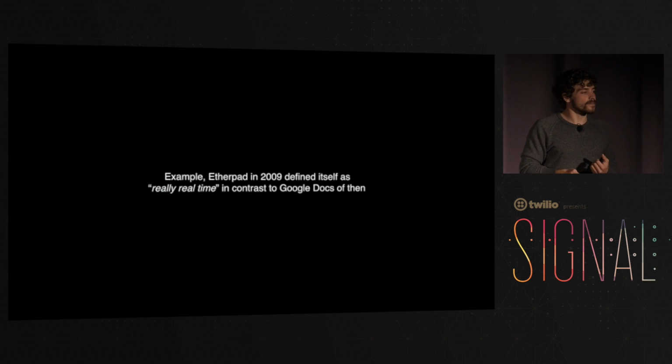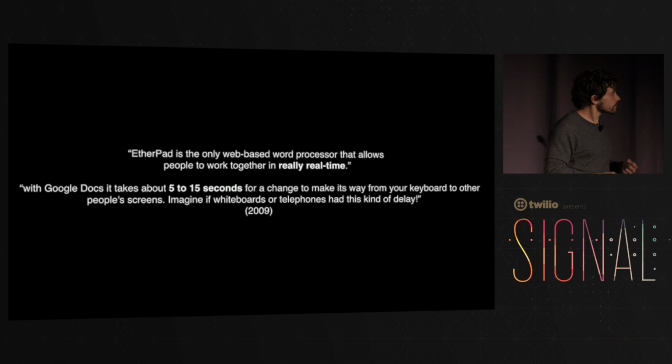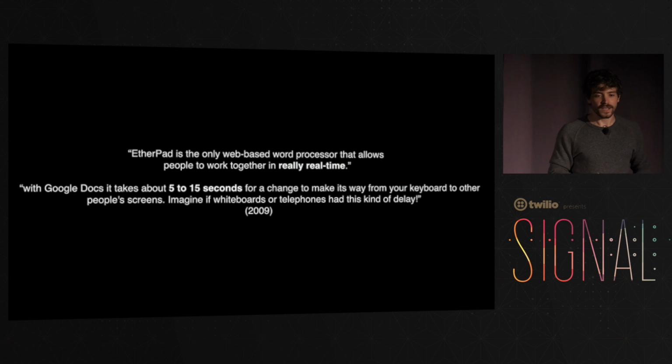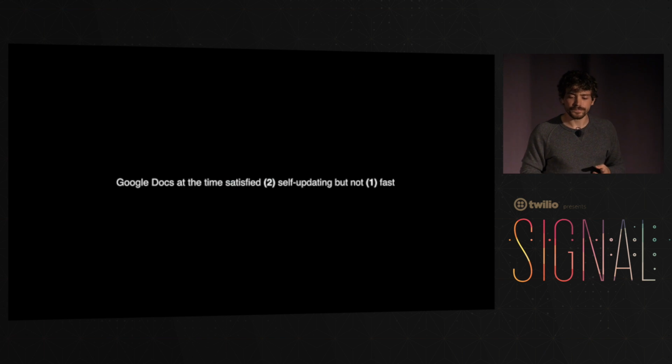It wasn't that they were contesting the definition of real-time, they were just saying that they were more real-time than Google Docs. They went on to describe that Google Docs was implementing a polling cycle of 5 to 15 seconds. So character-by-character synchronization was impossible, because you had to wait 15 seconds.